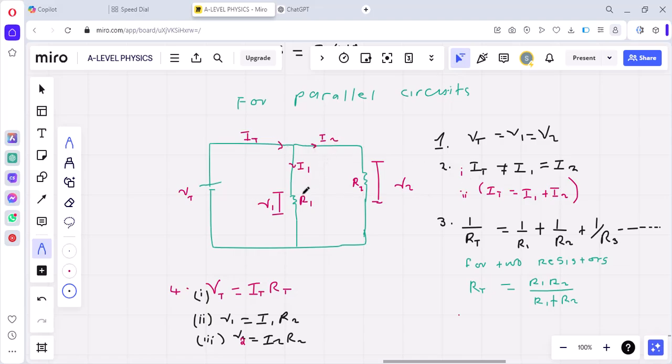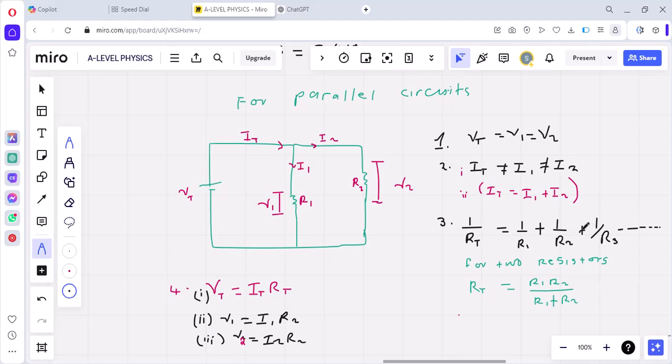Current 2 and current 3 depend on the size of the resistors, so these three currents are not the same. I've explained this: the total current is the sum of current 1 and current 2.